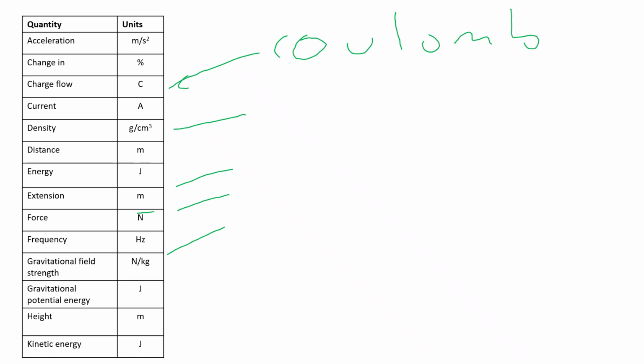Hertz means cycles per second, so electricity travels 50 times backwards and forwards in a second. Gravitational field strength is newtons per kilogram. Gravitational potential energy is joules. Height, I am 1.84 meters. And then kinetic energy, which is the energy of movement, is joules.